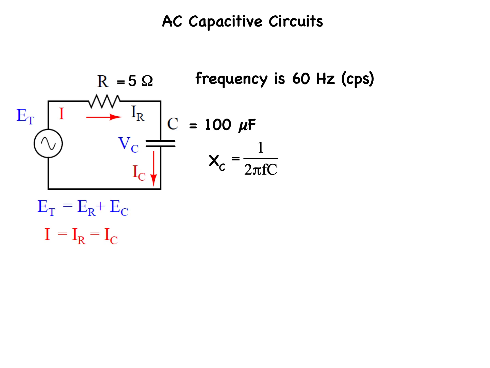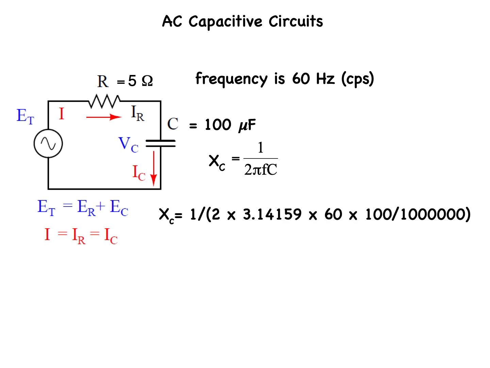We know that reactance for a capacitor is given by 1 over 2 pi FC. So in numbers, that would be 1 all over the quantity 2 times 3.14159 times 60 times 100 over 1,000, which is 100 over 1,000 microfarads.